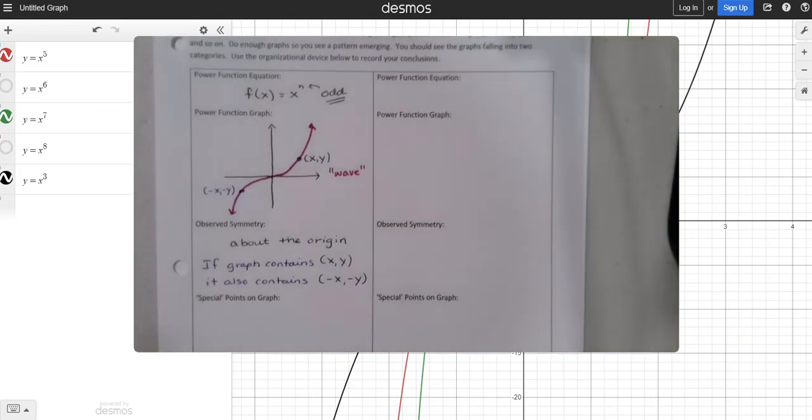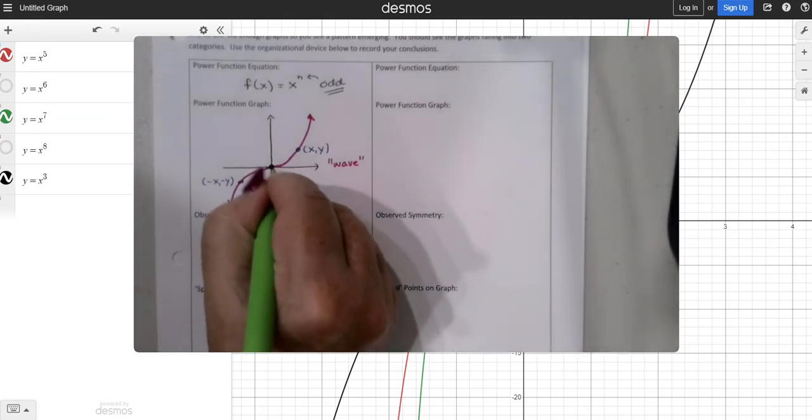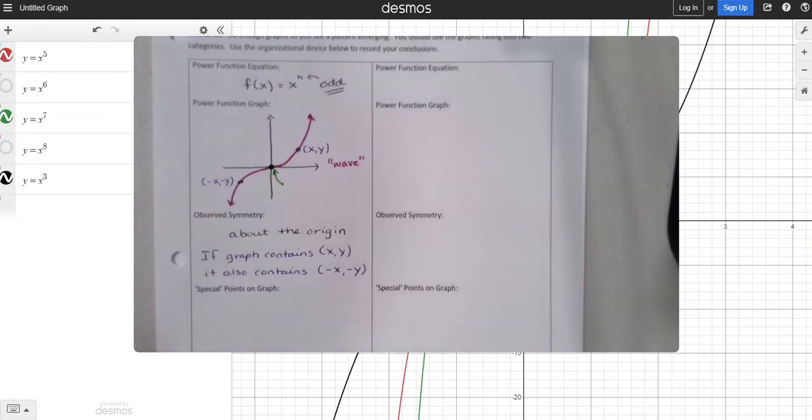All right, as far as any special points on the graph, something that might help us when we start to do our graph shifting, which we're going to do very soon, the one point I really want to draw your attention to is the point right here at the origin. Now, unlike a parabola that has a vertex, this doesn't have a vertex, right? There's no maximum, local maximum, or local minimum on this graph.